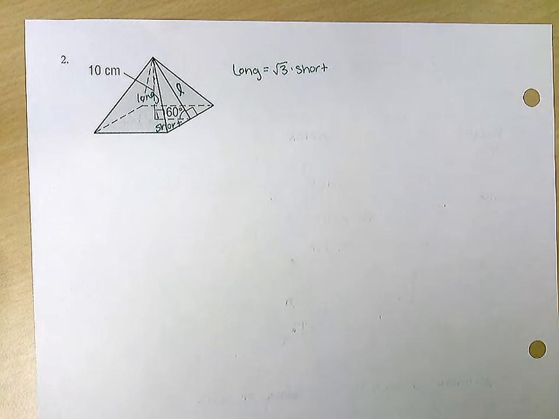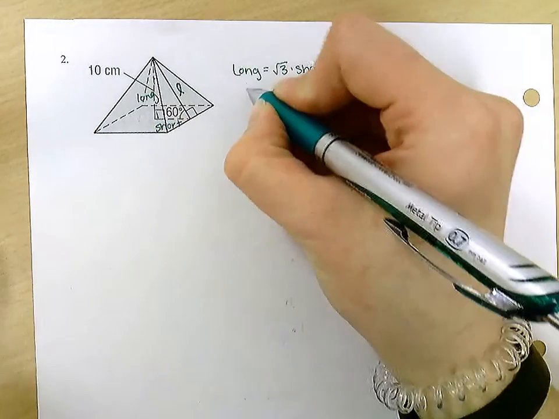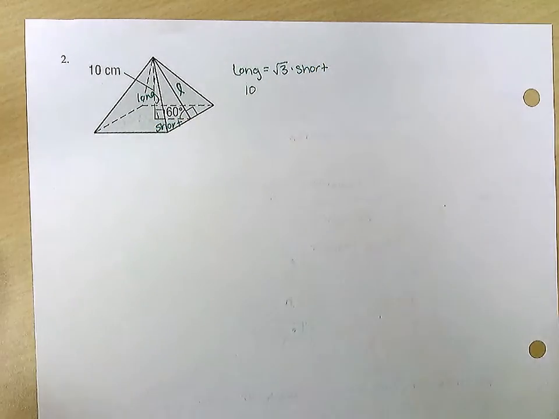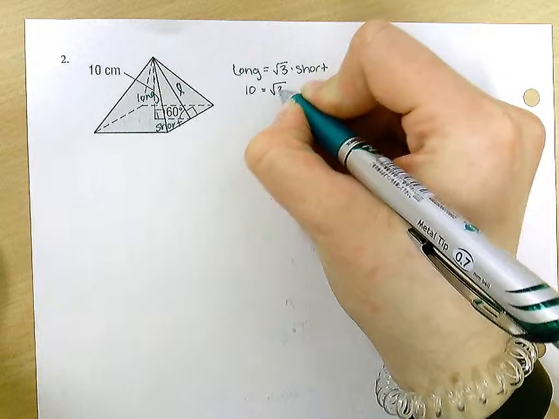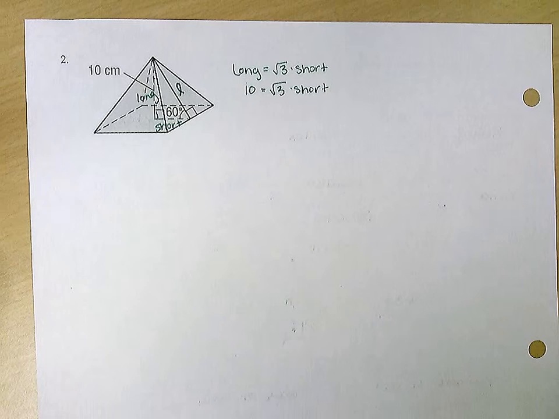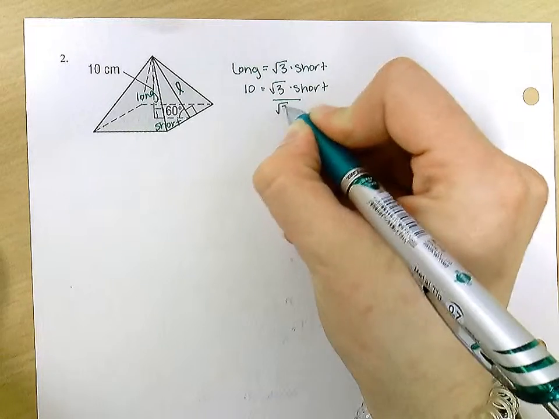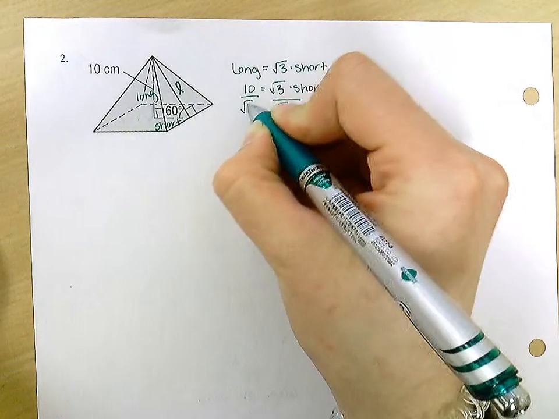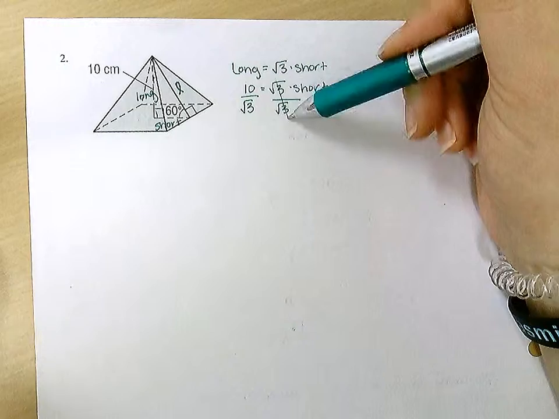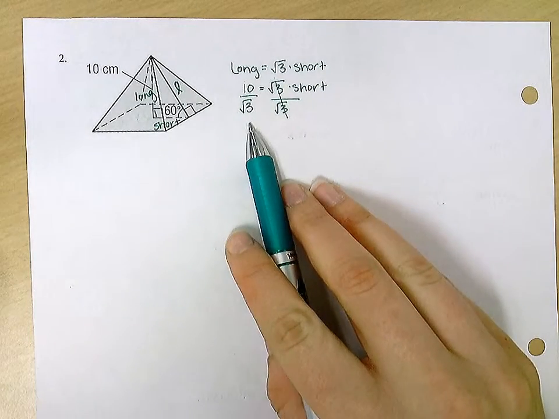I know the long side is 10 centimeters, so plug in 10 for long. I want to solve for the short side, so you have to divide by the square root of 3 on both sides. That way it cancels here, and you can plug this into your calculator.